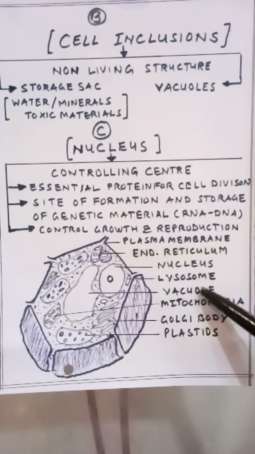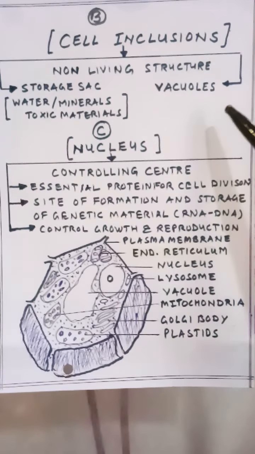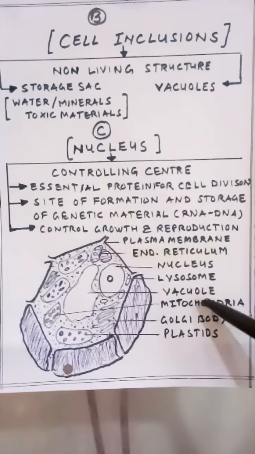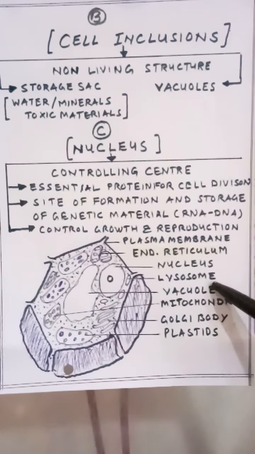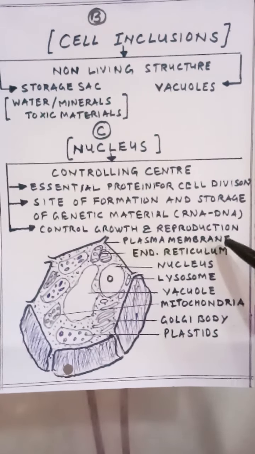Then vacuole, which we discussed just now. Vacuole is responsible for storage, a storage sac. It stores toxic materials. Lysosomes are the suicidal bag. Yesterday we discussed lysosomes. They are the digestive bag or suicidal bag. Then nucleus, we discussed just now. Then endoplasmic reticulum, which is also responsible for transportation of materials.